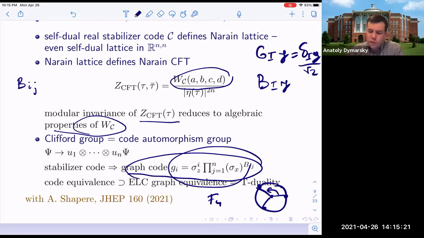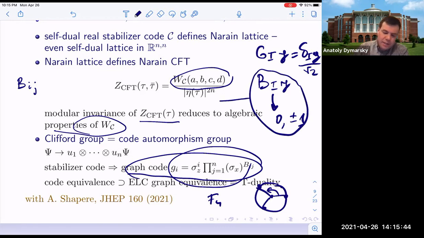And all non-trivial information will be sitting in the antisymmetric B field. And for your theory to be rational, for your theory to be related to quantum codes, this B field has to be an antisymmetric matrix which consists of entries 0 or plus minus 1. And because of additional T-dualities, apparently this B field has exactly the same amount of information as the adjacency matrix of a code or adjacency matrix of a graph.